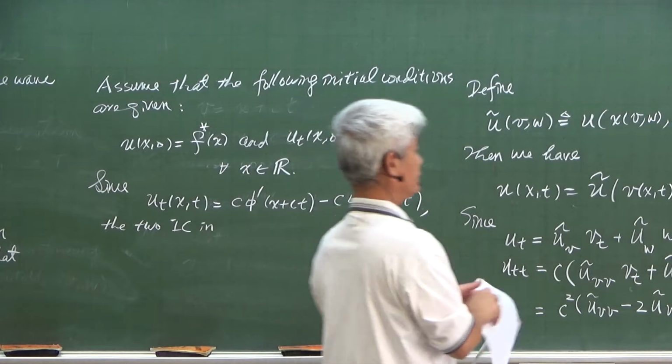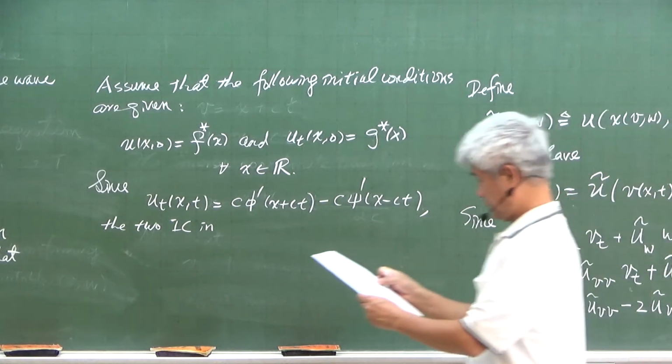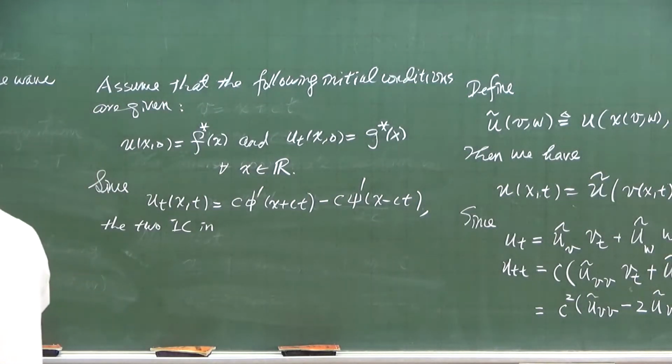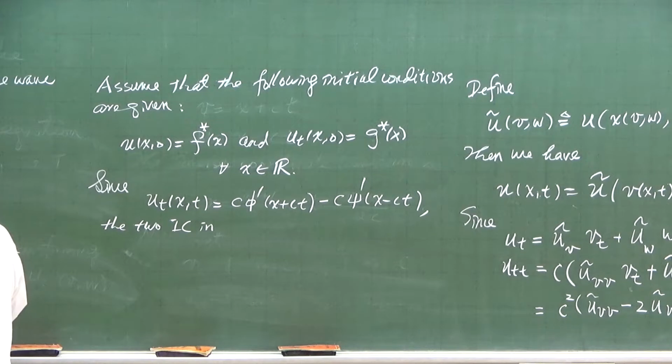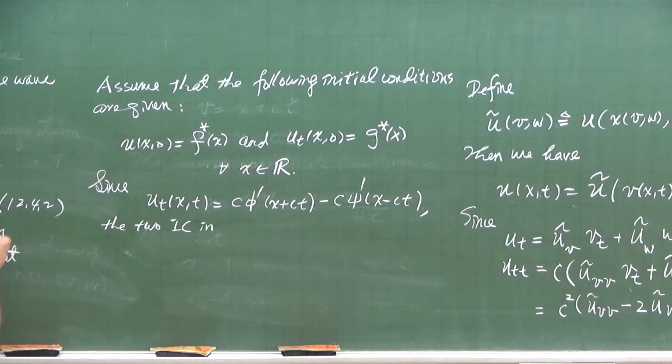I haven't put the numbers, so let me say this is 12.4.2. The wave equation has the equation number 12.4.1. I forgot to put it on the wave equation at the beginning of the section.